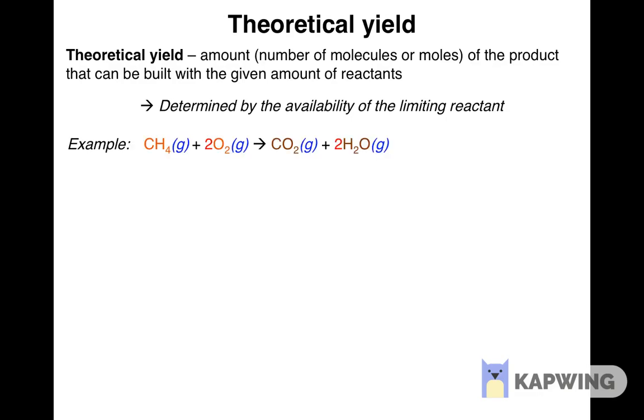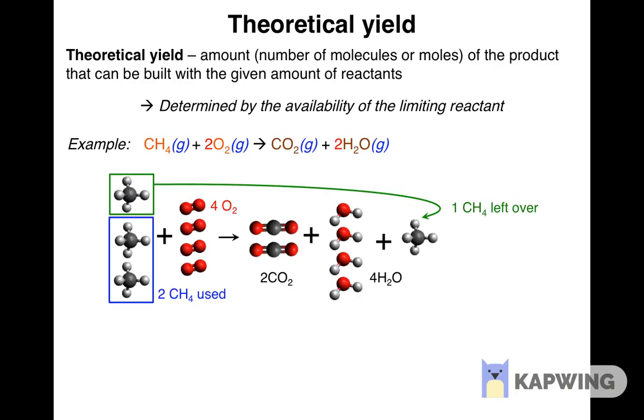In our first example, where 3 molecules of methane and 4 molecules of oxygen were available for the reaction, the limiting reactant was oxygen. From the balanced chemical equation, we know that for every 2 oxygen molecules reacted with methane, 1 carbon dioxide molecule and 2 water molecules are formed.